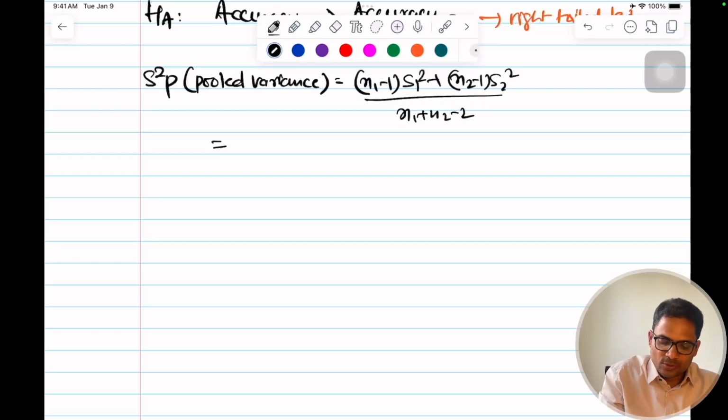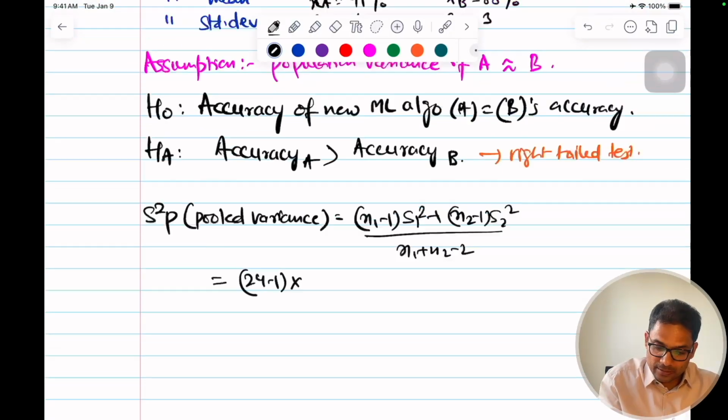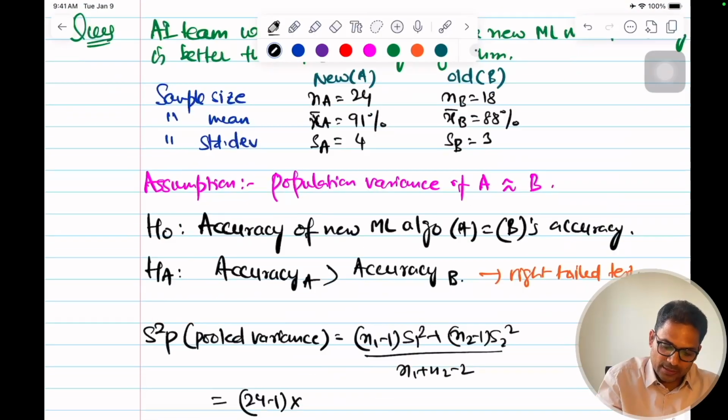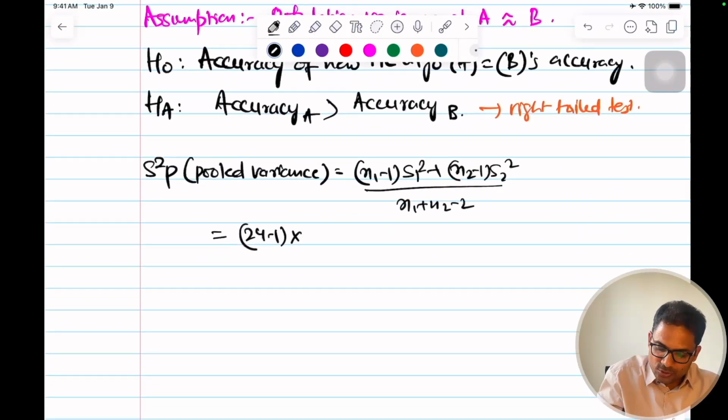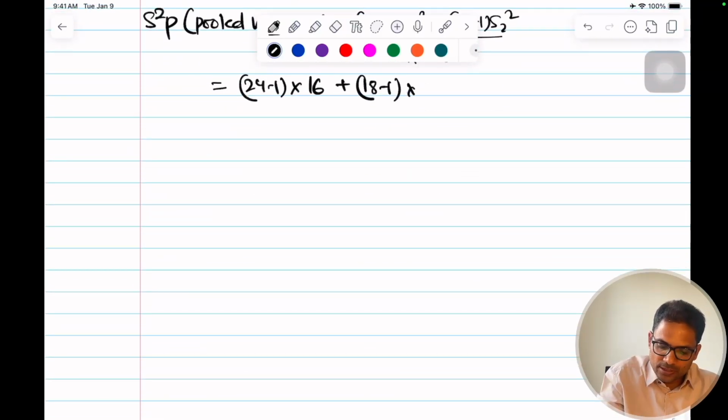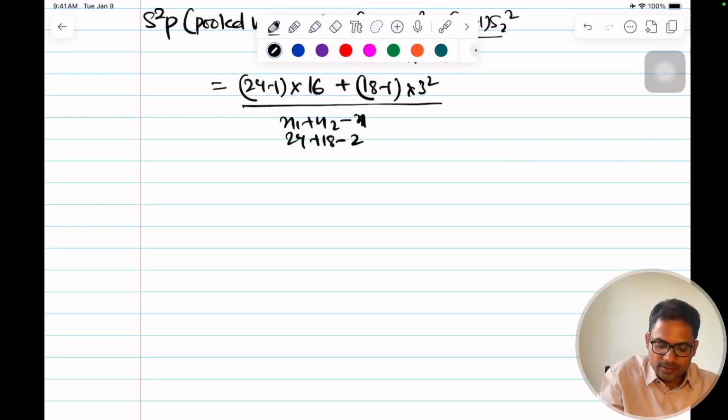So N1 is 24, so 24 minus 1 into S1 square, where S1 is the standard deviation of the first one, that is 4 square, 16, plus N2 is 18 minus 1, the second standard deviation is 3, so into 3 square, by N1 plus N2 minus 2, so this is 24 plus 18 minus 2.